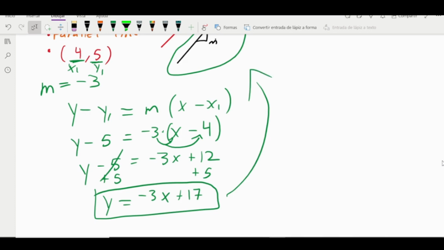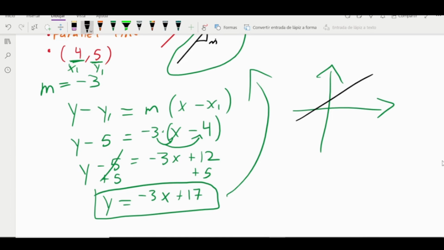Just before finishing, I want to tell you something related to the word linear. Why do we say linear equation? It's simple: when you represent a linear equation, the shape you get is a line.